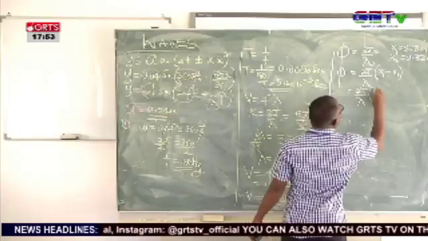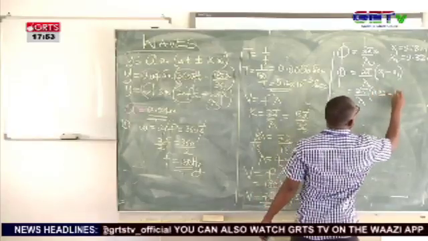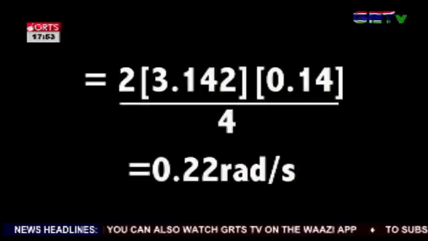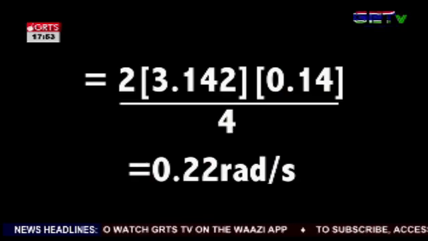So I substitute there. I have 0.32 minus 0.18. And this gives you a total of that answer. It gives you the phase difference in radians. So this is the phase difference.